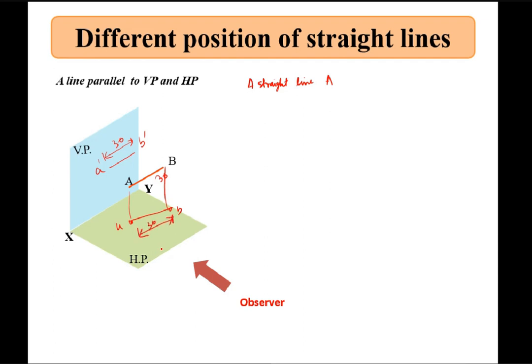So both on HP as well as VP, I get the true length of AB, right? Clear?